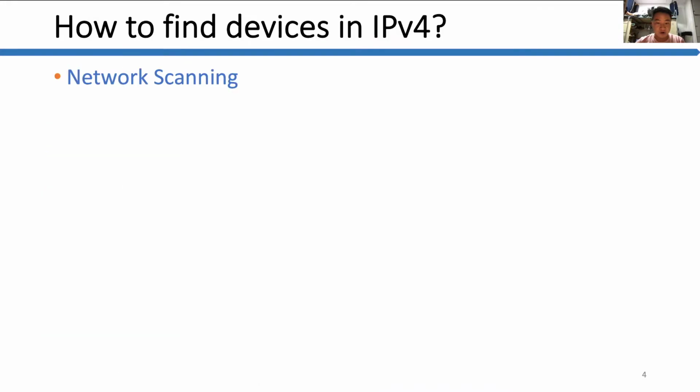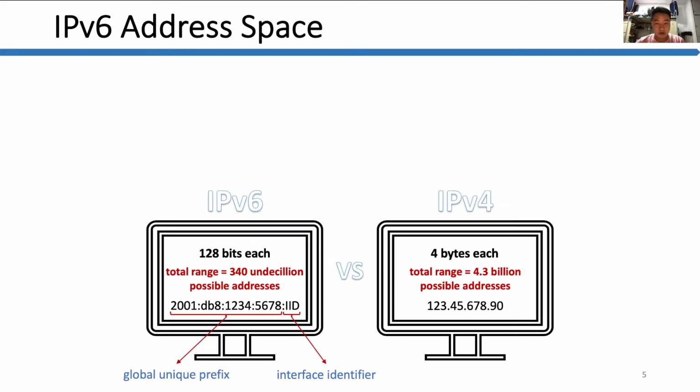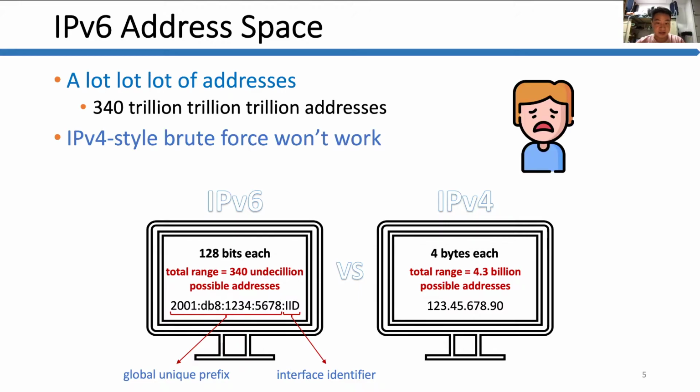In the IPv4 Internet, researchers often use the network scanning approach to find devices, to uncover vulnerabilities, and so on. However, IPv6 brings in large address spaces and makes IPv4 style brute force scanning not workable.